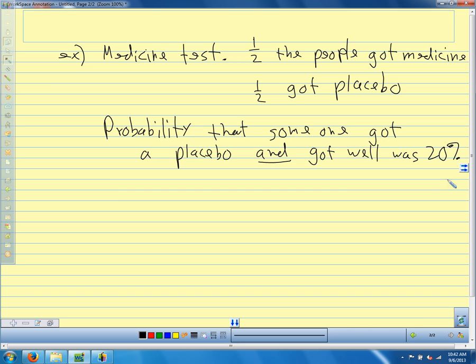So now we want to find the probability that any person got well, given that they received the placebo.